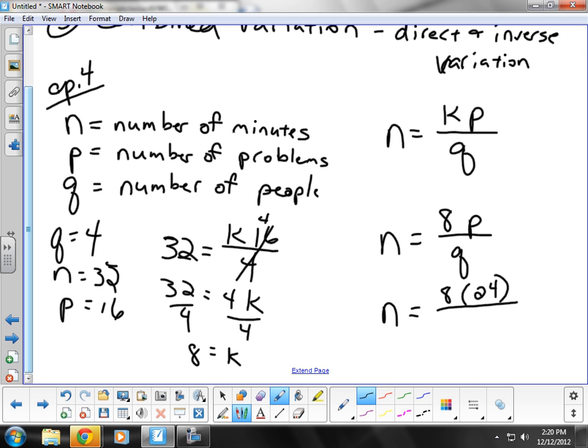And how many people? 8 people. And make sure you put the numbers where they belong. That's why you take the time to write down your variables and what they stand for, so that when you start plugging it back in, you got it written down. Okay? So it's going to take us 24 minutes.